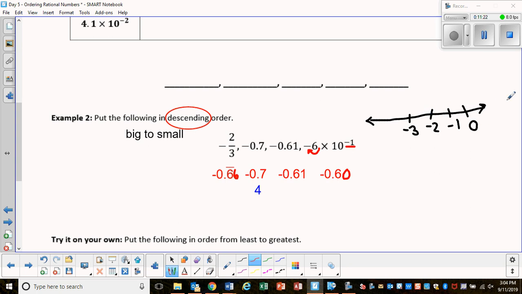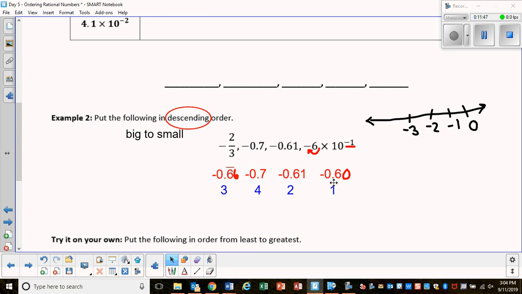We're not getting any closer to the positive side. So this one is the next smallest number. Then we have a 1, so that's the next smallest, and a 0, that's actually the biggest number, because that one is closest to 0 and it's the closest to moving towards the positive side.